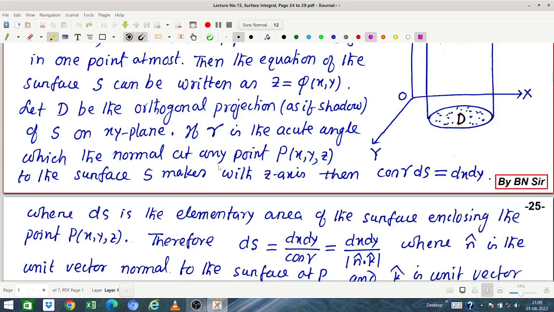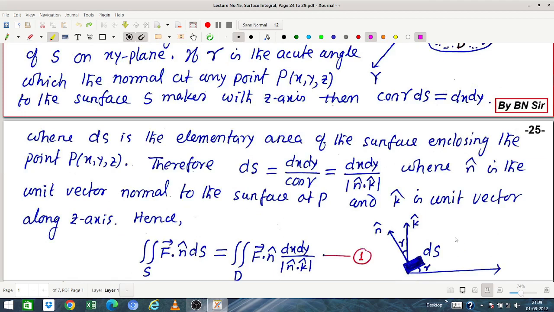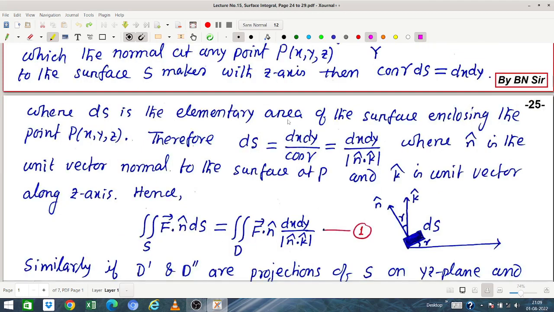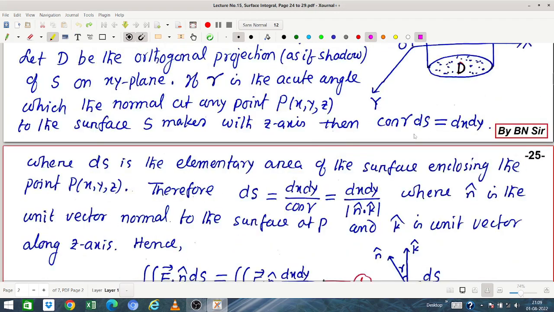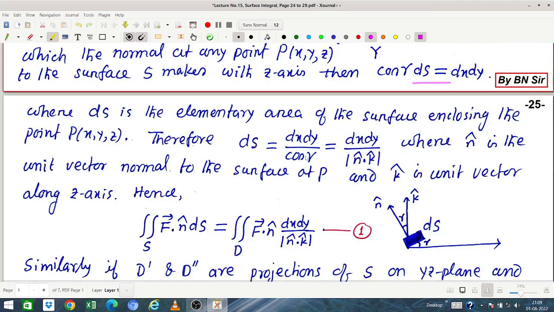And if gamma is the acute angle which the normal at any point P(x, y, z) to the surface S makes with the z axis, then cos gamma dS equals dx dy. How? We shall see it. Where dS is the elementary area of the surface enclosing the point P. Therefore, dS is dx dy by cos gamma.